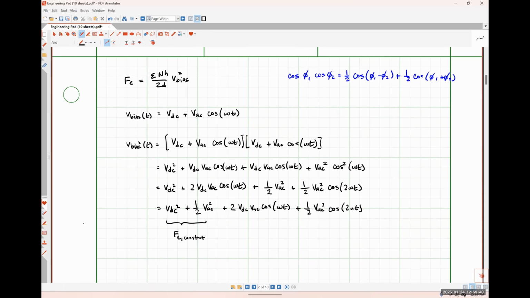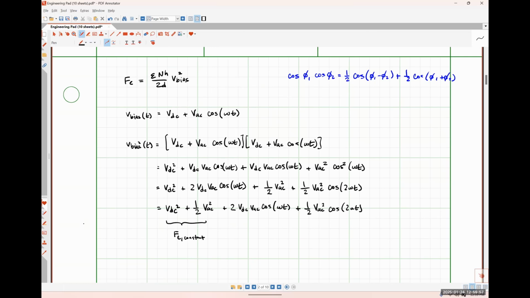So we have to be a little bit careful about what bias voltages we might apply, because we have to give our mechanical system enough time to react, per se, right?